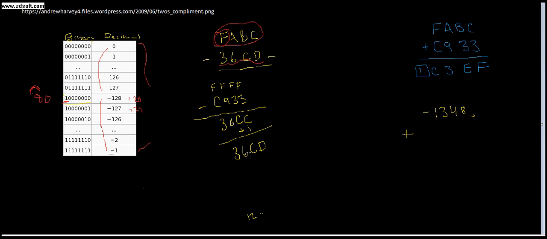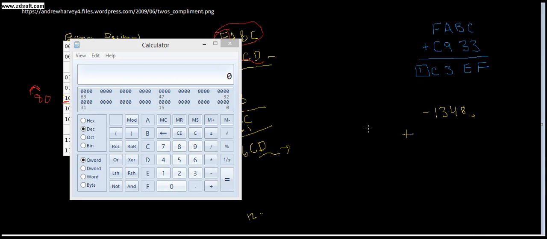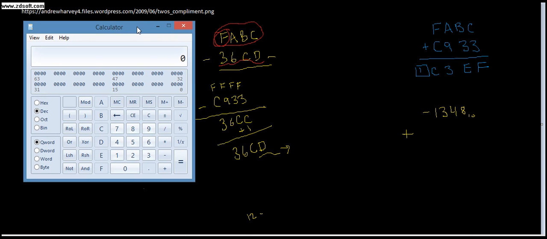Now what is this number in base 10? Okay, that's a pretty substantially large number. Let me break out the calculator so it'll speed things up a little bit. I've just used the calculator that comes with Windows, and since we're using a 4-digit hexadecimal number, first I need to put this calculator in hex.